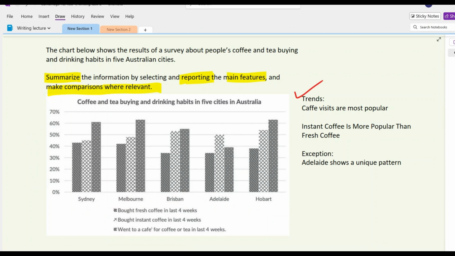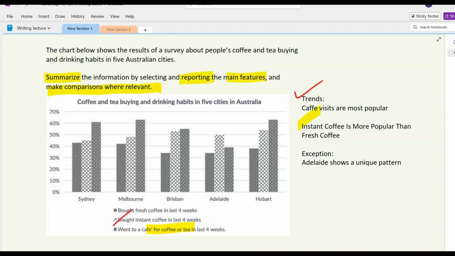So people who are going to cafes, cafe visitors is the most popular activity in most of the cases. Another important thing here is instant coffee is more popular than fresh coffee. Instant coffee is most popular in most of the cases than the bought fresh coffee.